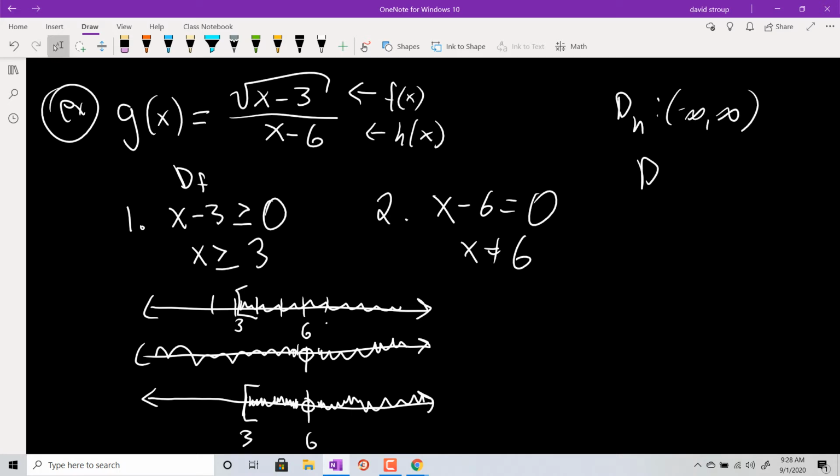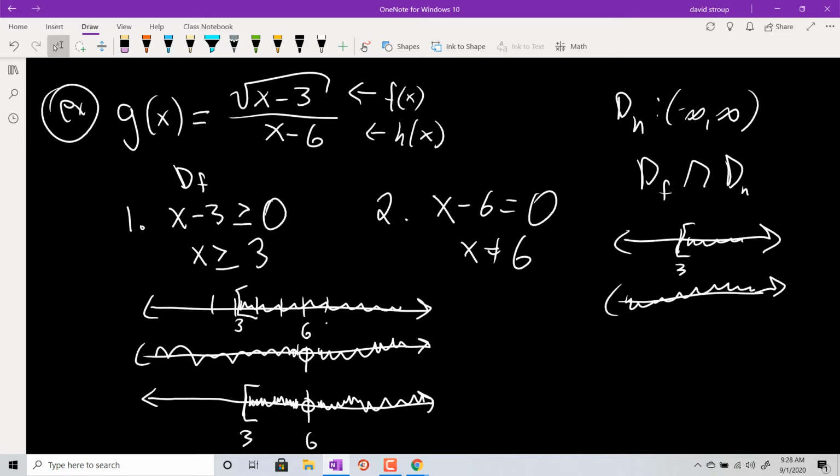And then the intersection of the domain of f with the domain of h would have just turned out to be the domain of f. So this is 3 to infinity, and this would be negative infinity to infinity, and the intersection would just be 3 to infinity, the stuff that's in both intervals. Okay. Oops, bracket 3 to infinity.